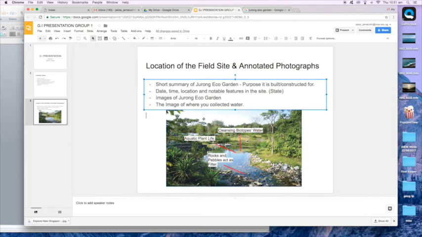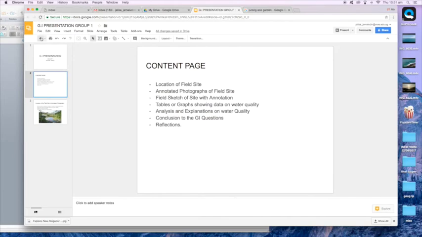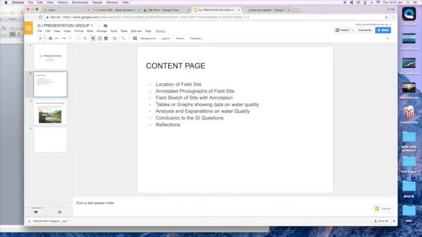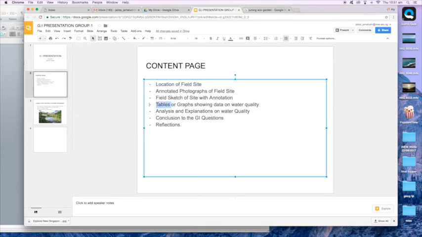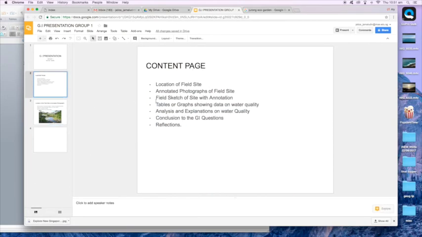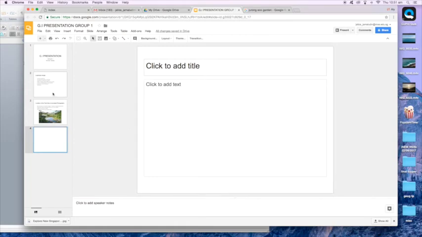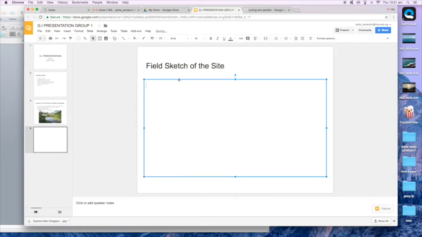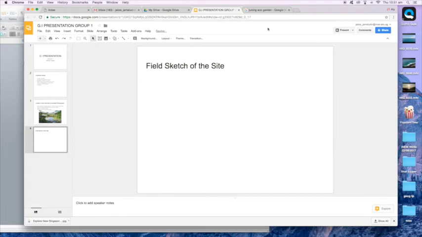Now next, tables or graphs, you need to do a field sketch. Field sketch of the site. Maybe you pick the best one from your group and then you can present it, or you can compile all 5 members of your group's sketches.